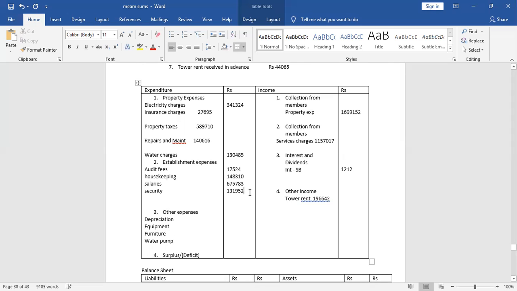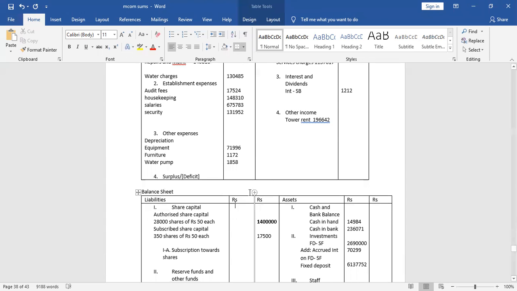So what is the amount? Equipment 71996, furniture 1172 and water pump 1858. So we have done this effect.